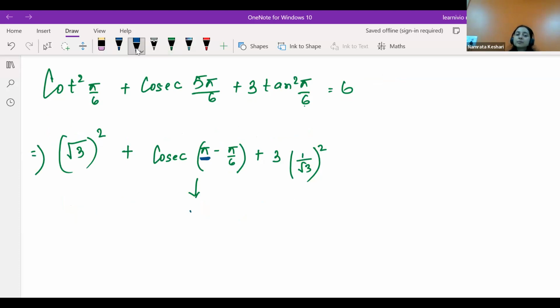So cosec will remain cosec only. But the question is, will it be positive or negative? Ali and Alina, will it be positive? Pi minus theta lies in which quadrant? Think and tell me. The second quadrant. In the second quadrant, is cosec positive or negative? Ma'am, it is positive.